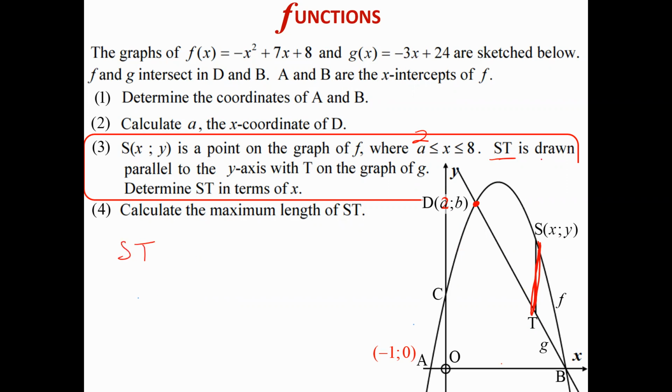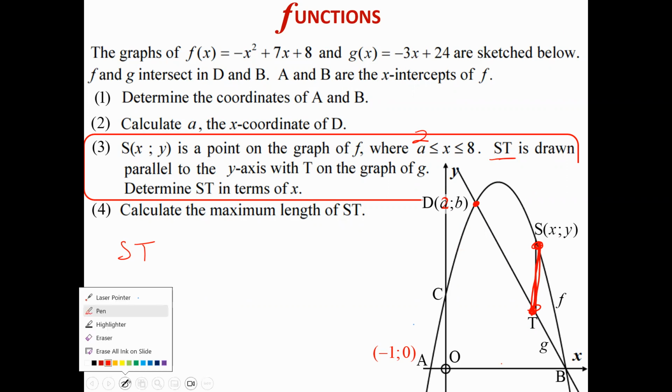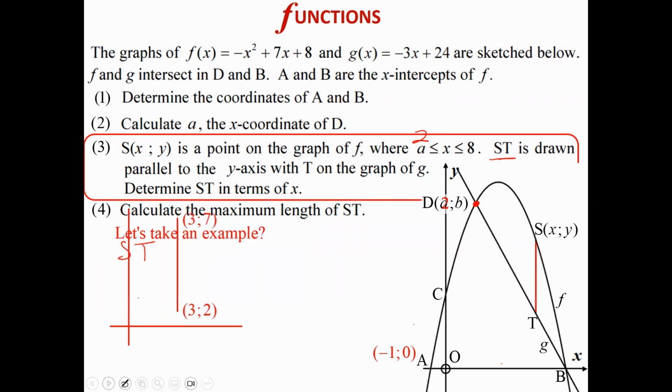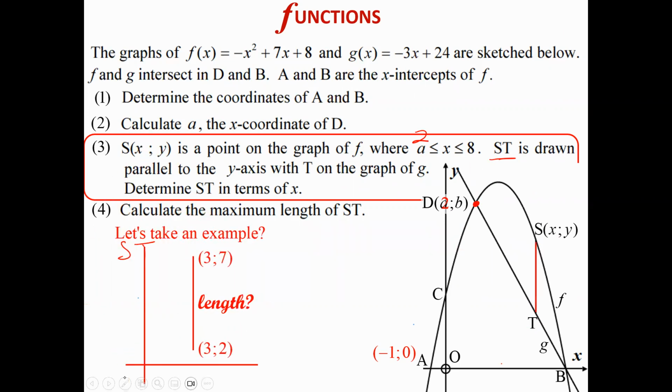Now, if you want to find a straight line between two graphs, what do we do? The top graph minus the bottom graph. Perfect answer. All right. We take the top graph. Okay. So if we had as an example a point 3, 7 and 3, 2, we'll just say 7 minus 2. What's 7 minus 2? 5.